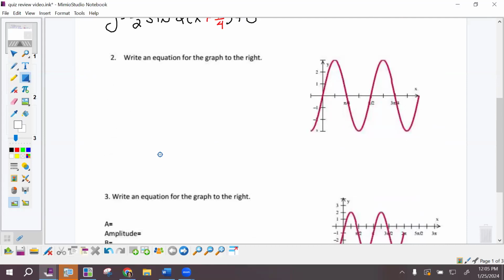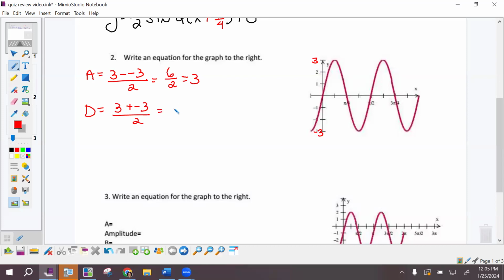All right, for number 2, the maximum's at 3, and the minimum's at -3. All right, the period for this one is, see how this starts on the midline, and we get back to the midline here.